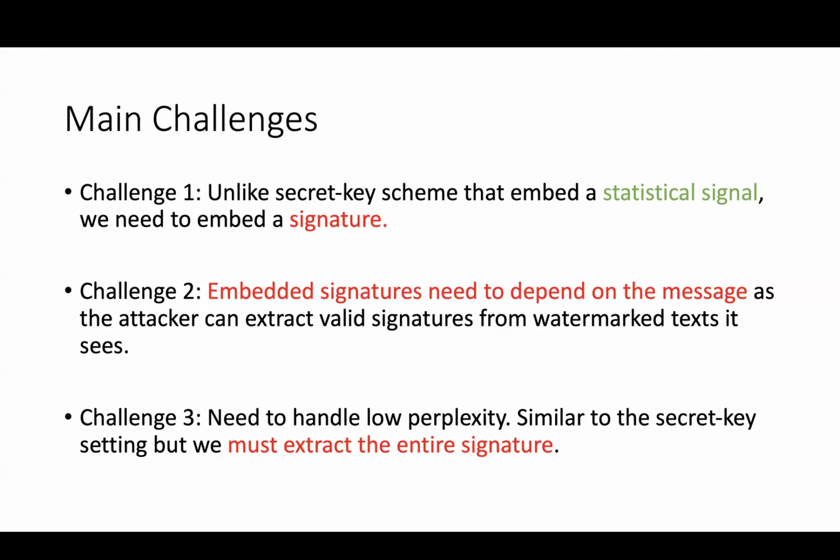So a key challenge for us is that the signature that gets embedded has to be a function of the LLM generated output itself. The LLM generates the output, and the signature that gets embedded has to be a function of the output that's getting generated. And like before, we have to handle the low perplexity or low entropy in the text generation as well.